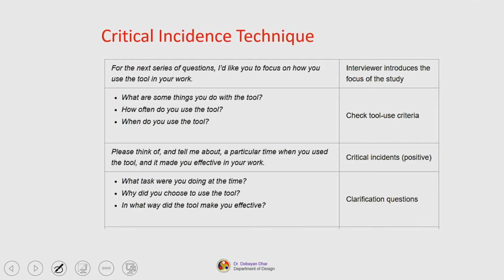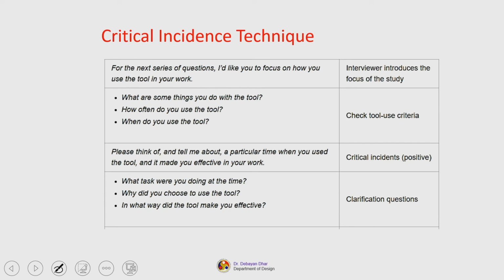What you see here is a successful critical incident technique that has been employed using specific questions. Let us see this. So, for the next series of these questions that you see in the table, I would like you to focus on how you use the tool in your work. Now, this is the statement of an investigator who is asking these questions to the respondents.